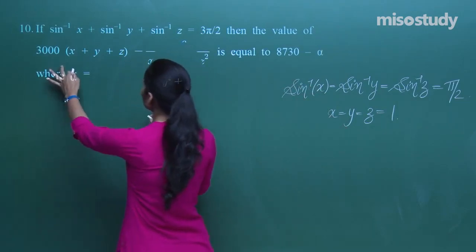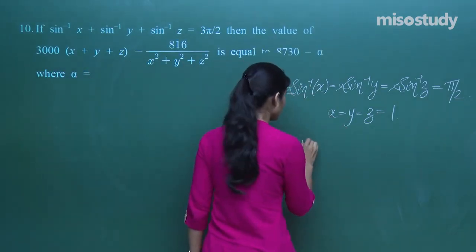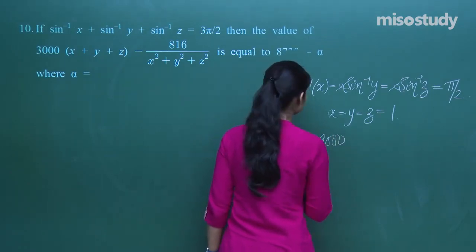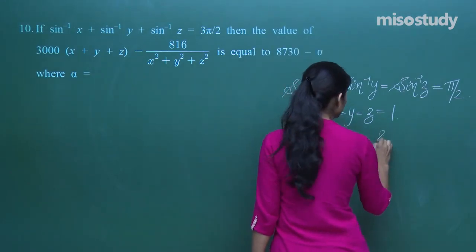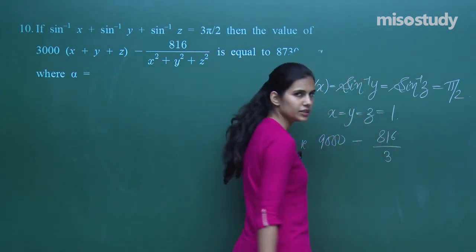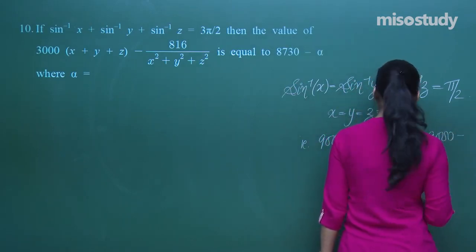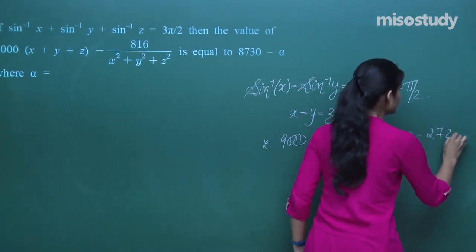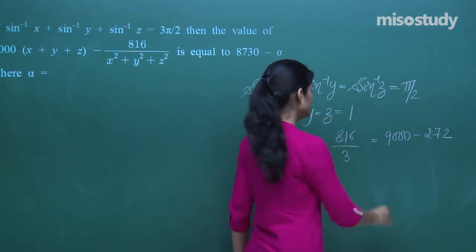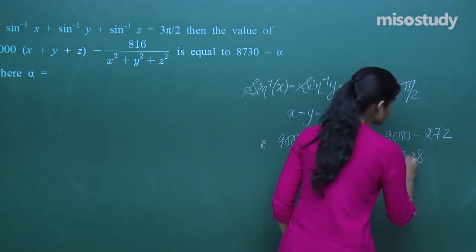This becomes 3000 into 1 plus 1 plus 1, that is 3000 into 3, that is 9000, minus 816 upon 1 square plus 1 square plus 1 square, which is again 3. So, this becomes 9000 minus 272, which becomes 8728.